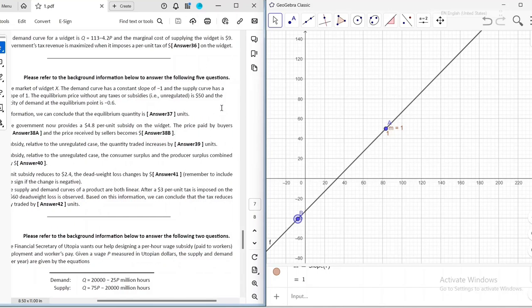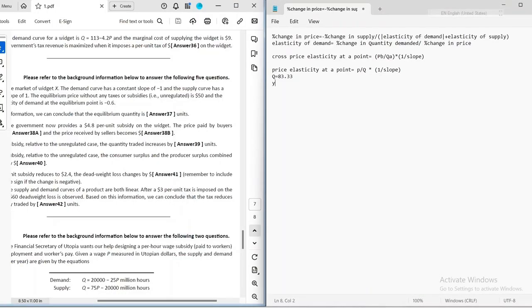Now using this point and slope, you are given the slope of -1. So you have a formula, let me write it down as well: y minus y1 equals slope times (x minus x1). So x1 and y1 are the given point, and the slope is the given slope in the question.